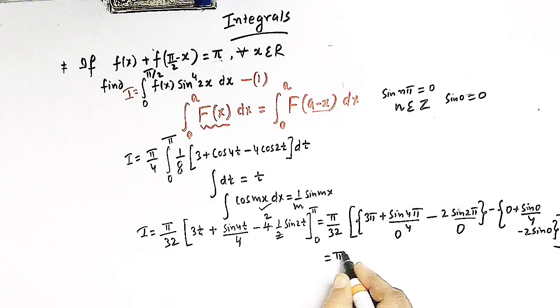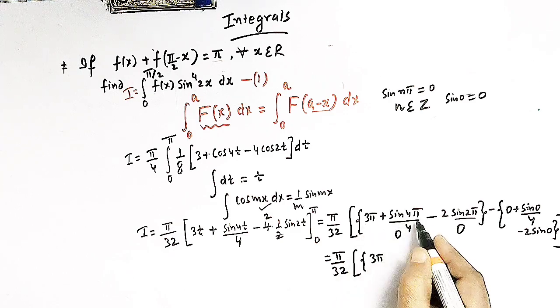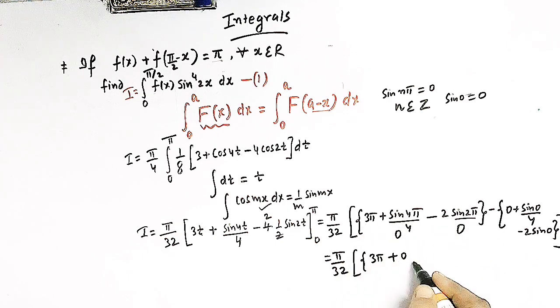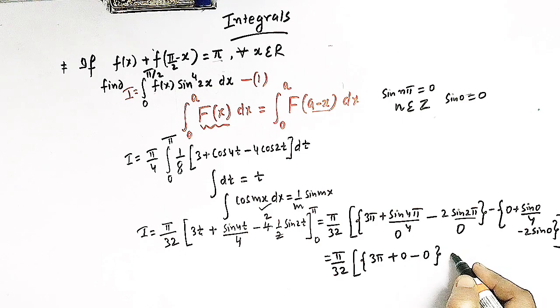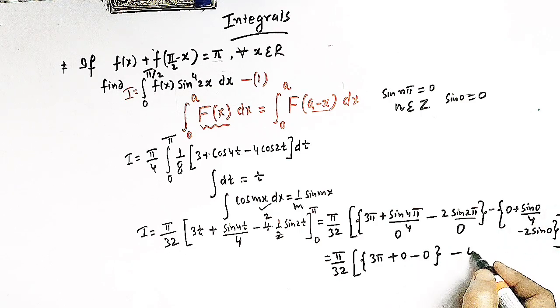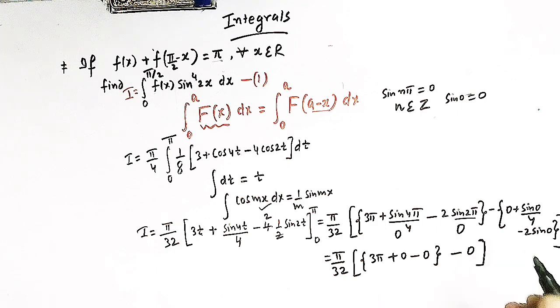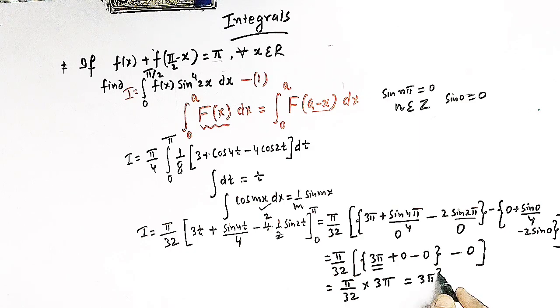So we are left with pi over 32, and here we have simply 3 pi, and here this entire term is 0, right? Okay, so now we have pi over 32, and here we have simply 3 pi. So multiplying these two numbers, we have 3 pi squared over 32.